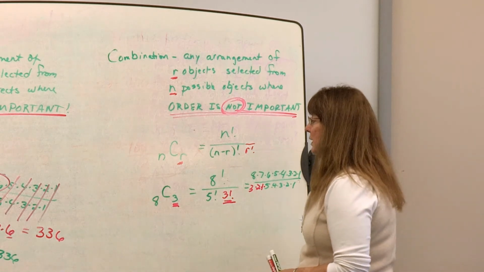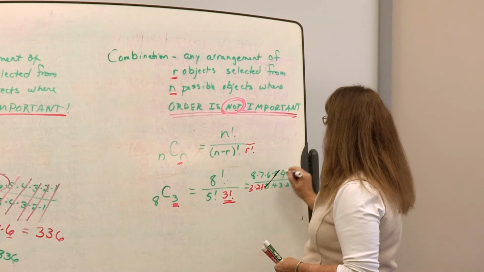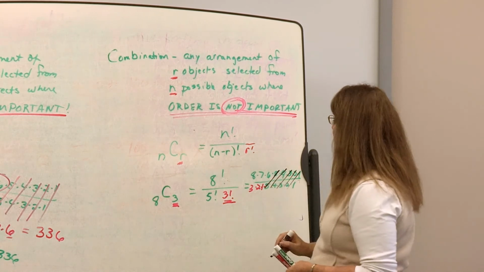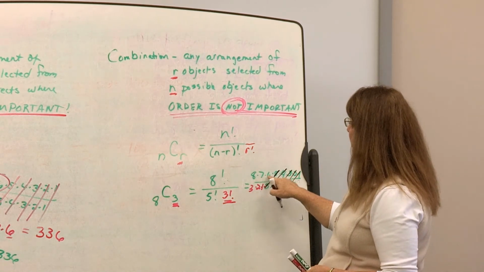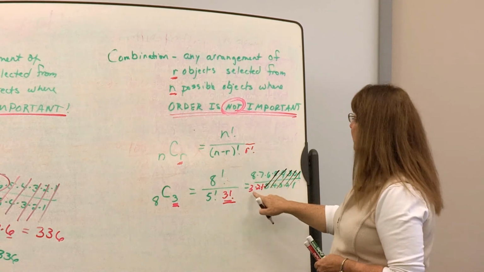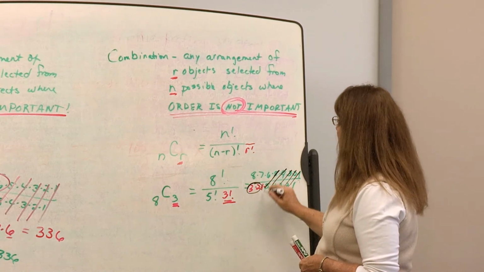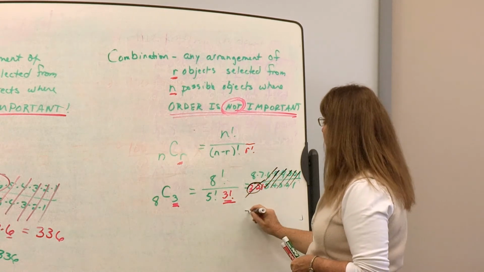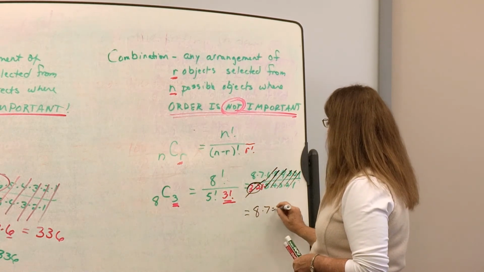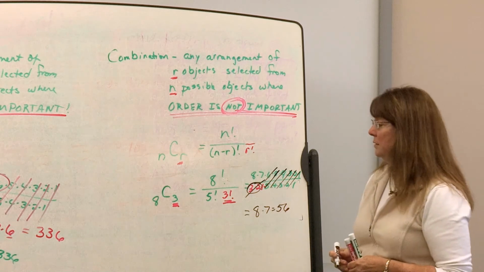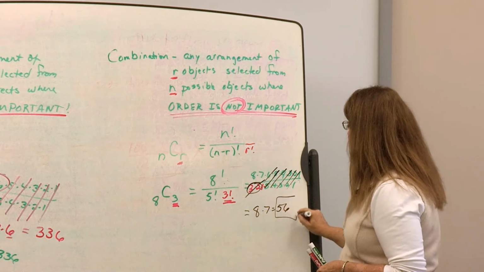All the rest of these cancel, just like they did previously. But now notice you have that 8 times 7 times 6, and you're dividing it by 3 times 2 times 1. Well, 3 times 2 is 6, so I can eliminate the 6 from both. All I have left is 8 times 7, or 56.